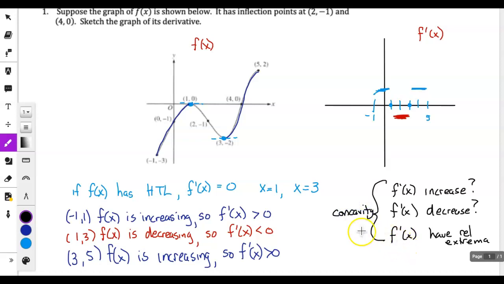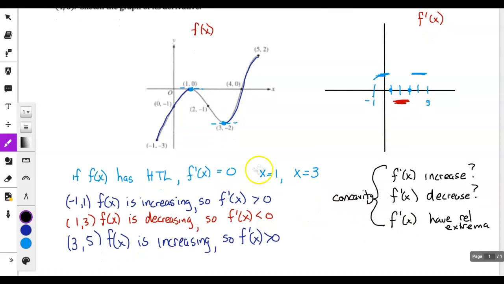But what we have to do to get this information is study the concavity of the original. If we study the concavity of the original, we can see that the original is concave down right here. So the original is concave down from -1 to 2.